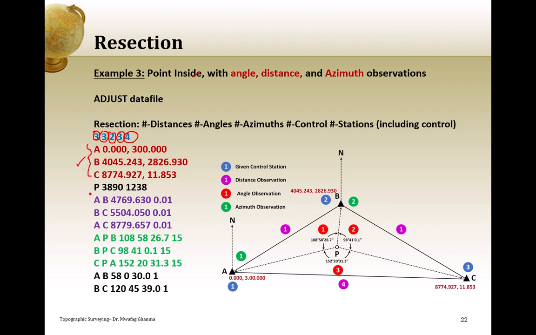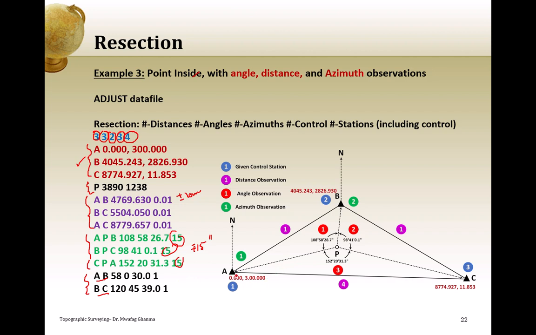These are the coordinates of the 3 control stations. This is the estimate of the unknown point. These are the three distances with plus minus 1 centimeter standard deviation. The angles, they are 3 with plus minus 15 seconds. And for the two azimuths, we have azimuth AB and azimuth BC.